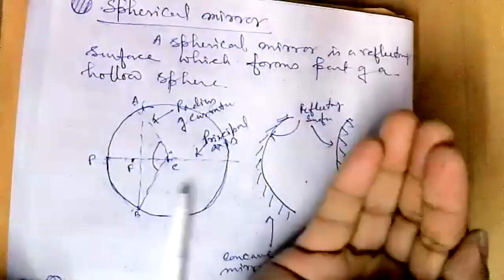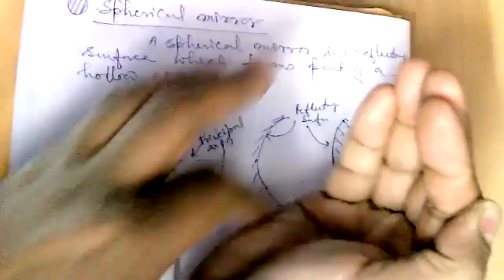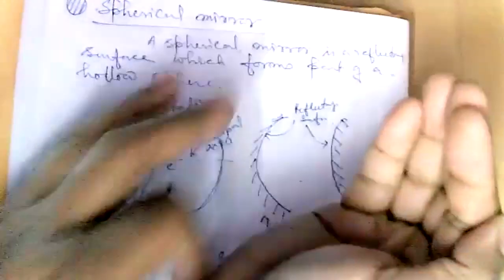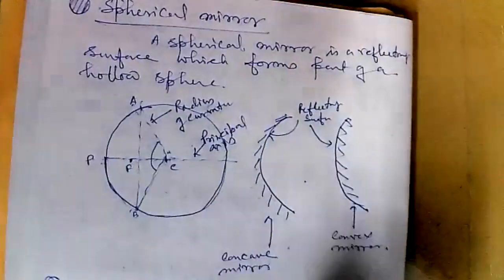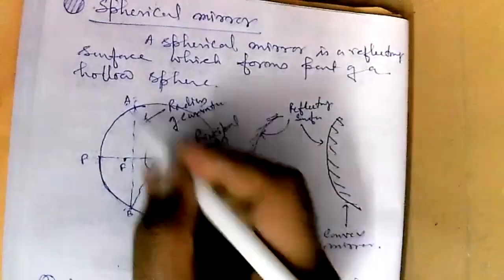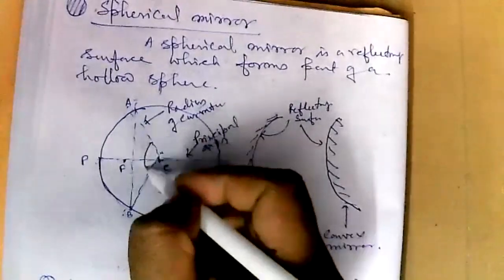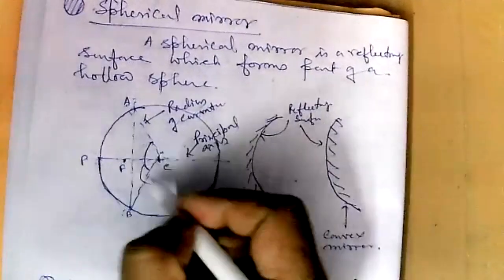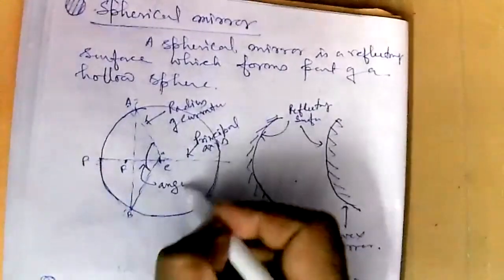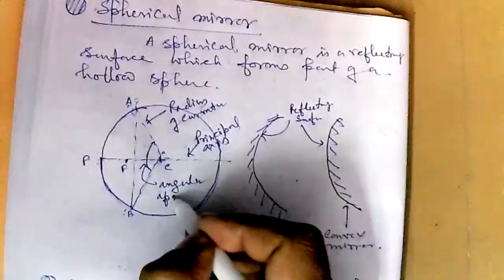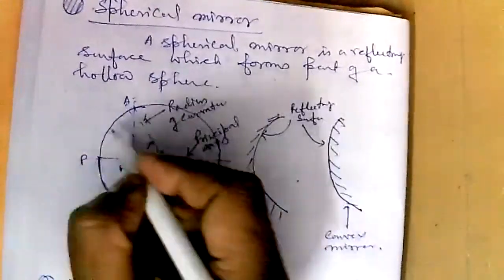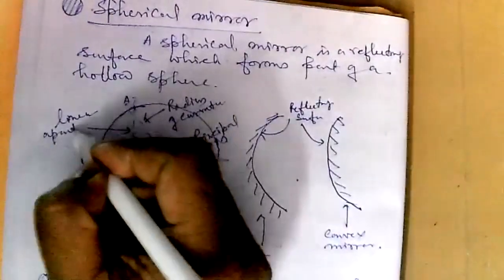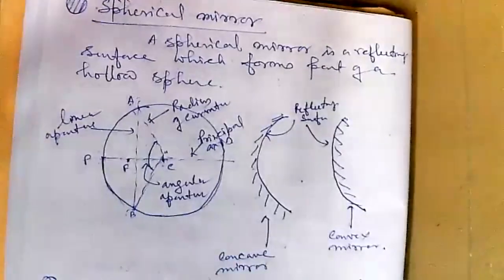The spherical mirror means you will get this type of mirror. So the boundary of the mirror is also circular. So you will get the diameter of this circular boundary, which is called linear aperture. And the angle subtended by the diameter at the center of curvature is called angular aperture. So this is linear aperture and this angle is angular aperture.